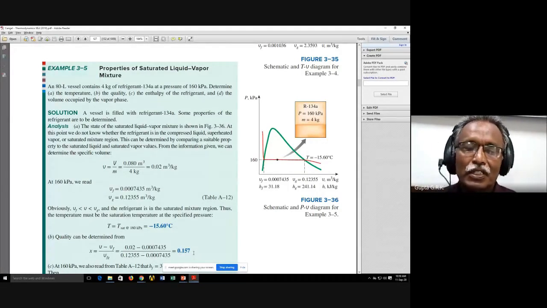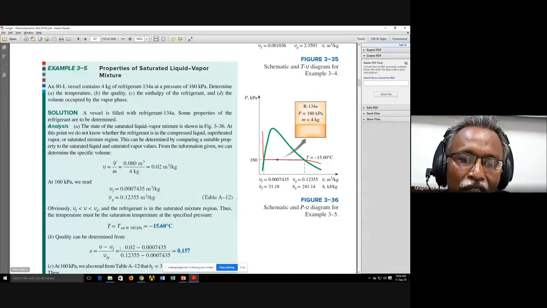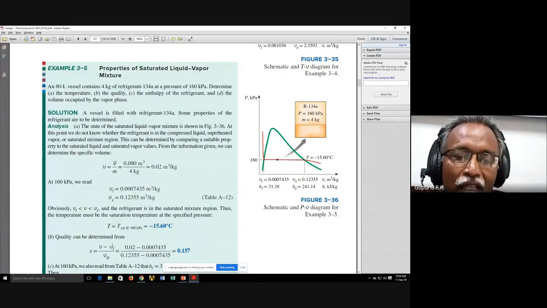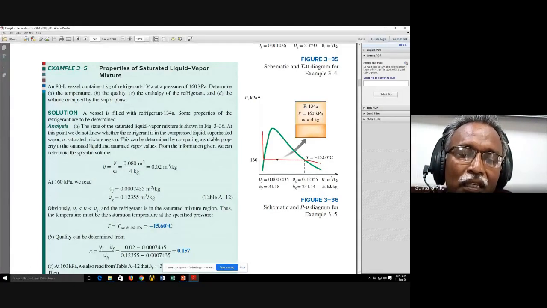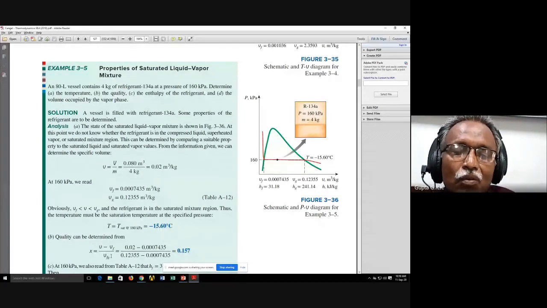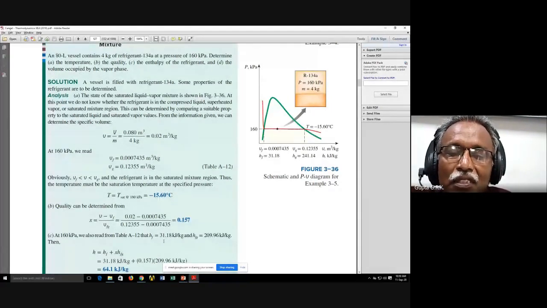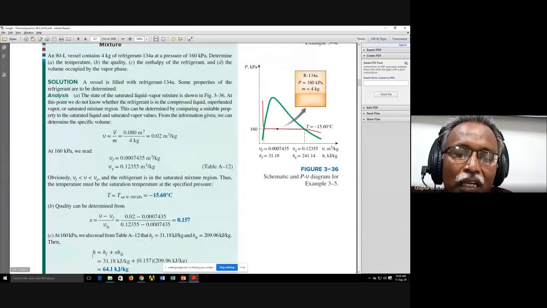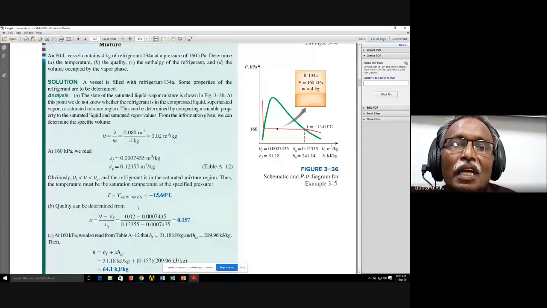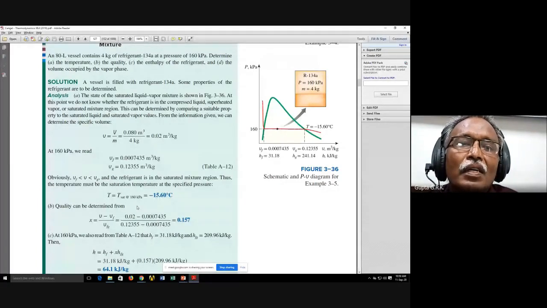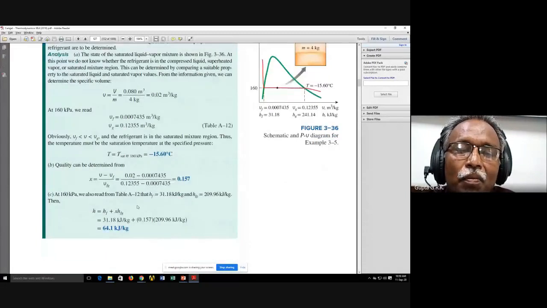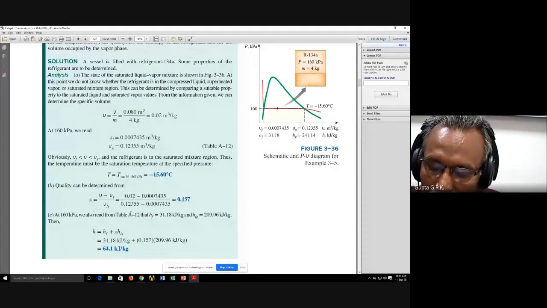Once I get the dryness fraction, similar relations hold for enthalpy also, because h is equal to hf plus x into hfg. Again, you can see from the tables the values of hf and hfg. See, hf is 31.18, hfg is 209.96, and h is equal to this. I can find out the enthalpy. Similarly, the saturation temperature for that pressure, 160 kilopascals, can also be obtained. So you can just look at those tables.